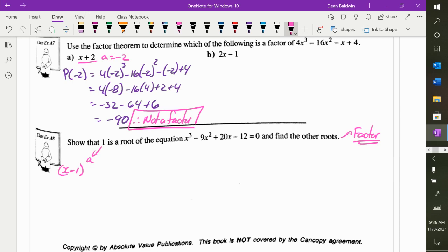You can do long division if you want. I'm going to do synthetic, because we only use linear denominators in this. So positive 1 goes out there. Do I need a placeholder for this? Nope.